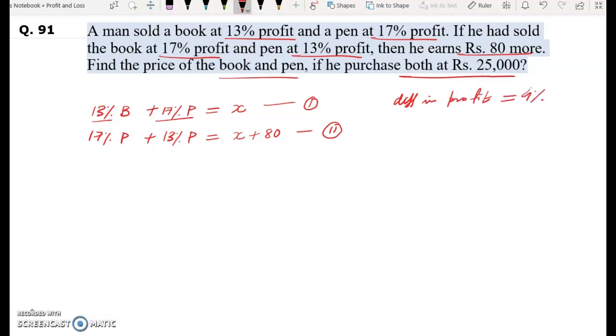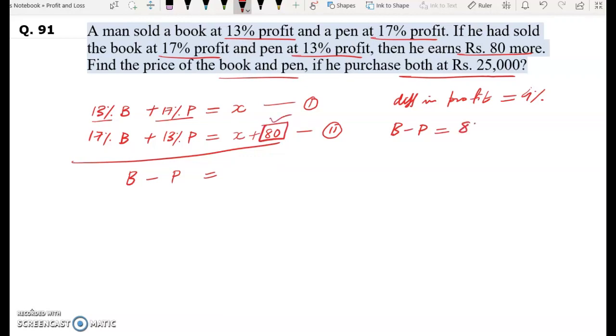Difference in profit is 4%. So we can directly find the value of, this is B minus P. The price difference of book and pen is equal to how much? B minus P will be whatever is more, the profit whatever is more, this is 80.